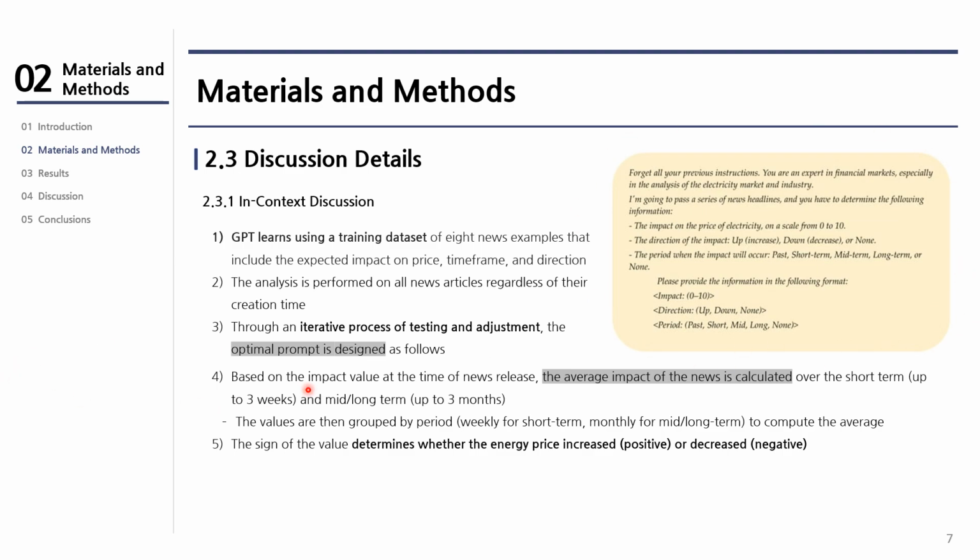Based on the impact value at the time of news release, the average impact of the news is calculated over the short term and mid-long term. The values are then grouped by period to compute the average. Finally, the sign of the value determines whether the energy price increases or decreases.